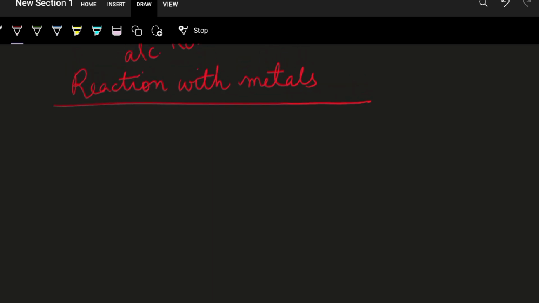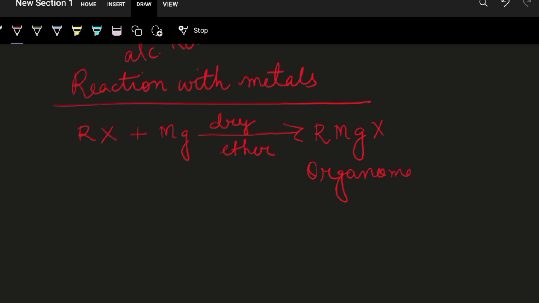In this reaction with metals, we are going to see the reaction of alkyl halide with magnesium, a very electropositive metal, in presence of dry ether medium. In dry ether, alkyl halide with magnesium produces RMgX, an organometallic compound known as Grignard reagent.